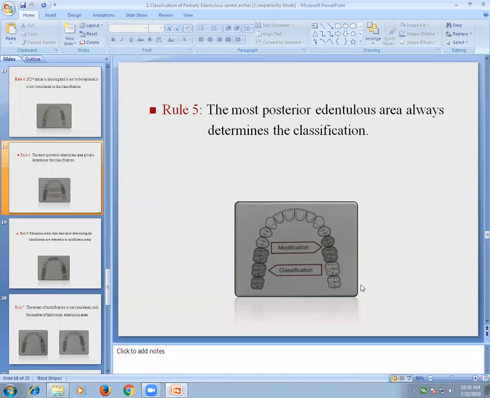That's why it is modification 1. This rule is mainly important among all rules because it determines the classification universally. That's why you should go through it in detail and remember this rule very properly: the most posterior edentulous area always determines the classification.